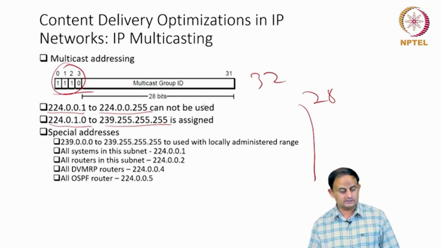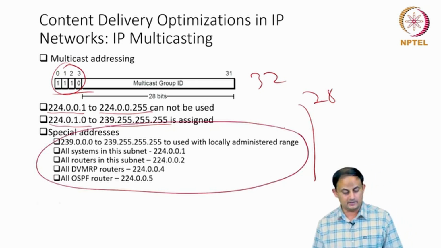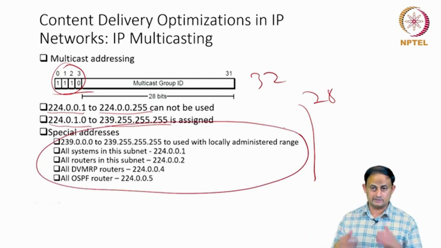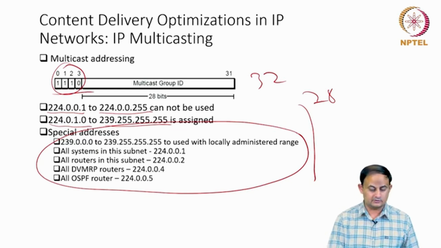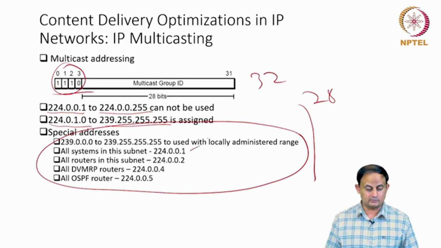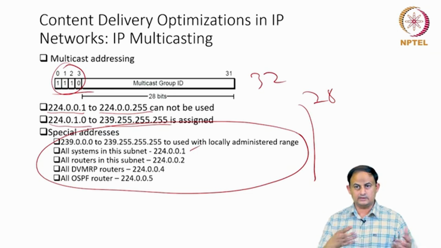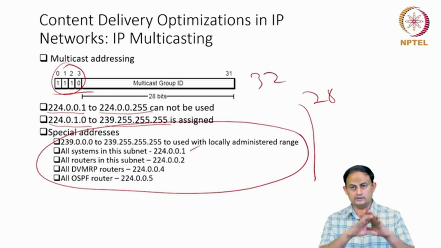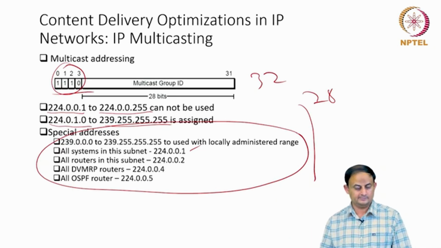Within that series as well, some of the IP addresses are reserved for a specific purpose. If you use the IP address 224.0.0.1, it means you want to communicate to all the users within this particular subnet.